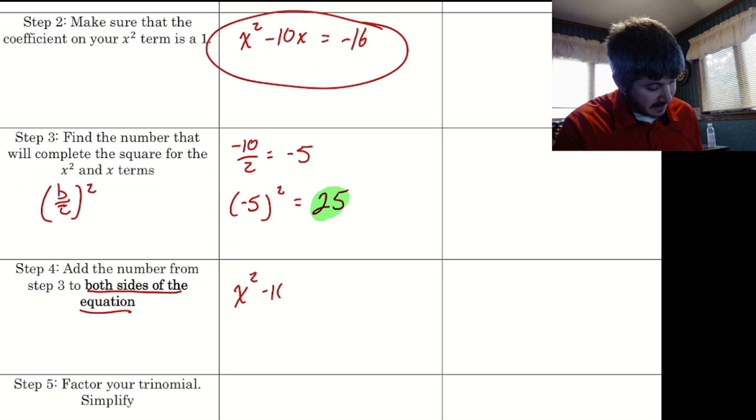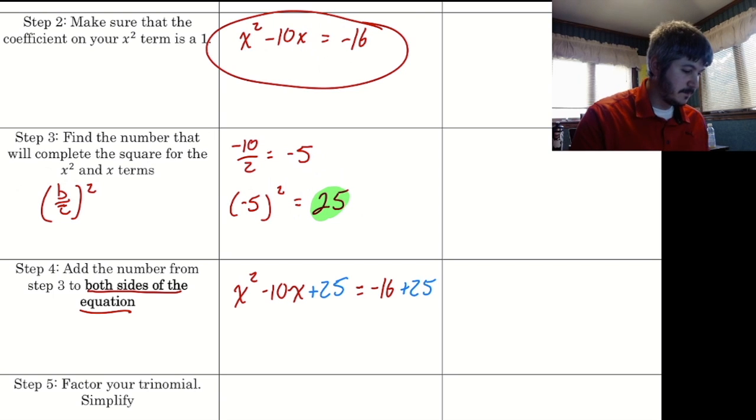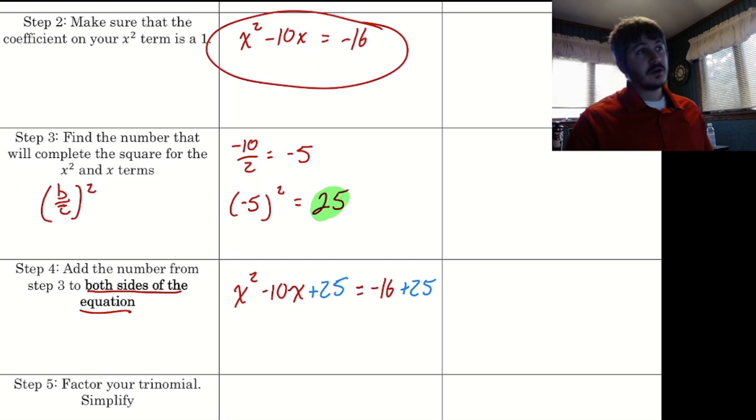So it's x squared minus 10x, then you need to add 25 to this, equals negative 16 plus 25. So you have to add it to both sides of the equation, because that's one of the fundamental rules of algebra. Whatever you do to one side of the equation, you have to do to the other.